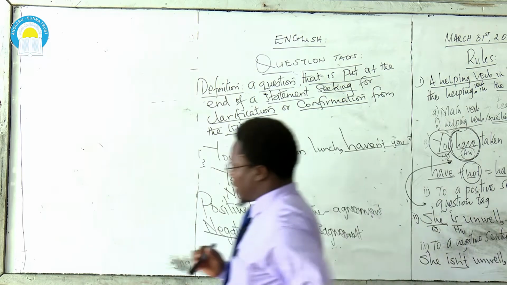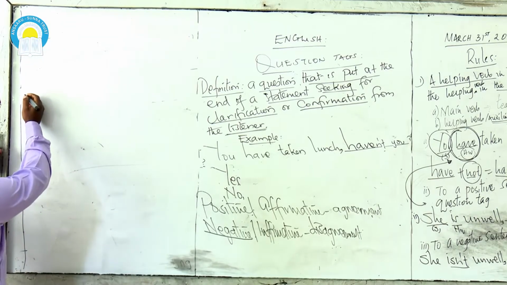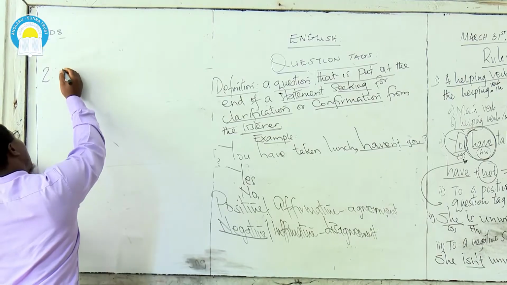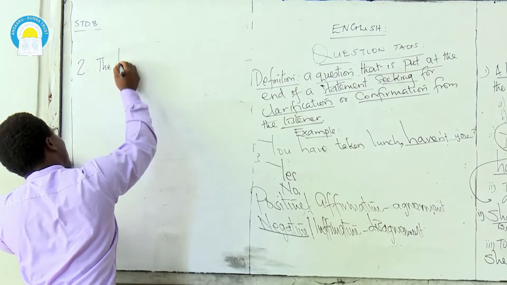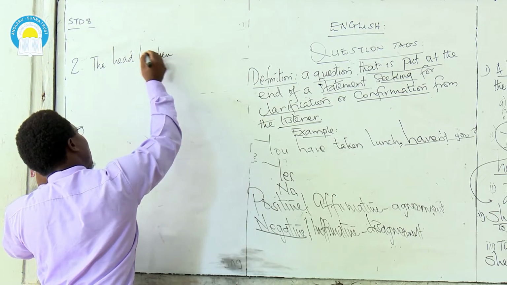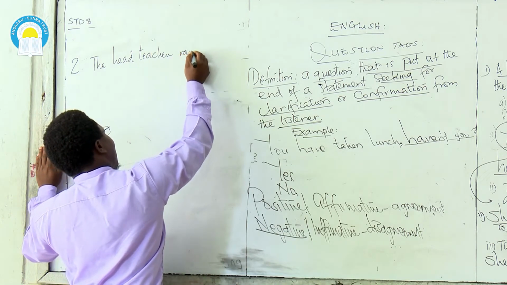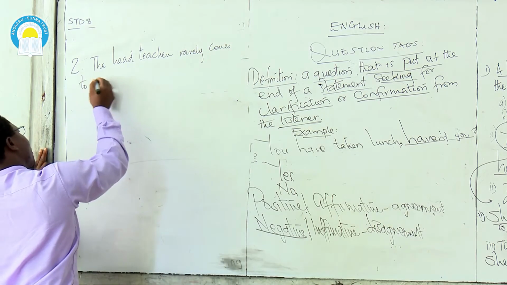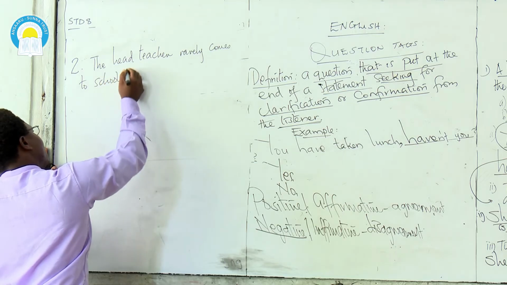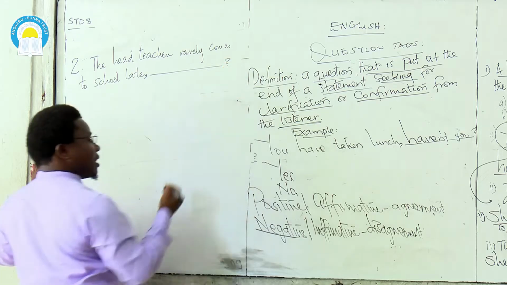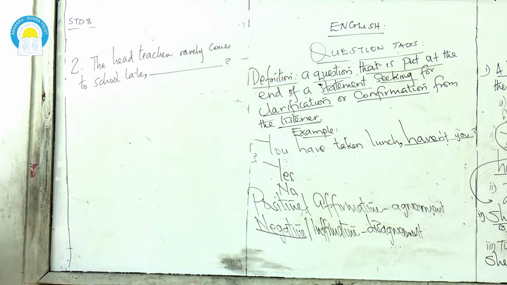Consider the following sentence. That is number 2. The head teacher rarely comes to school late.